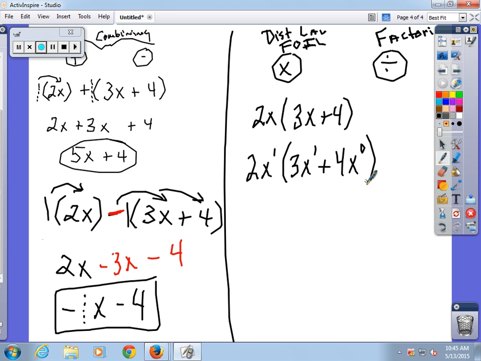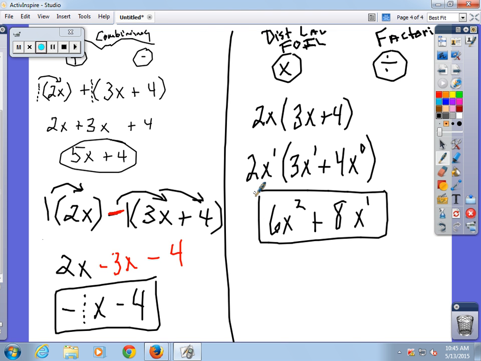They forget that this is x to the 0 and they just sit there and stare. So 1 plus 1 is 2, 2 times 3 is 6x, plus 4 times 2 is 8. And 0 plus 1 is 1. Now what we're doing is simplifying, because there's no exponent in it and there's no equal sign. But if you put an equal sign, then we're talking about solving. But right now, I'm just making sure everybody gets the cobwebs loose.